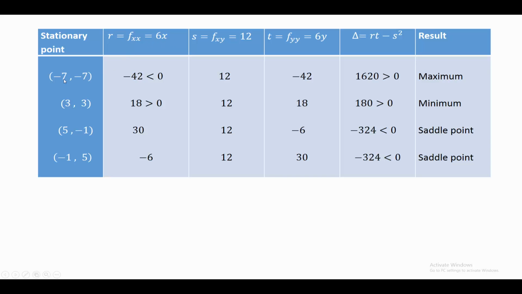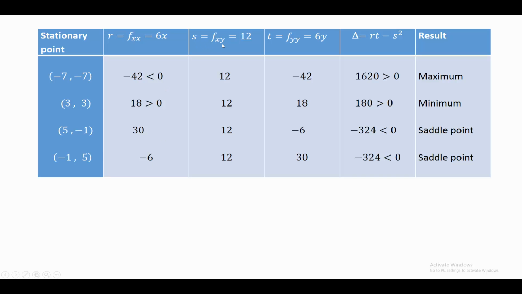So its value at point minus 7, put x as minus 7, so this is minus 42, this is negative value. At point 3, 3 means put x as 3, so r equal to 18, which is positive value. At point 5, minus 1, x is 5, so r equal to 30. At point minus 1, 5, x is minus 1, so r equal to minus 6.